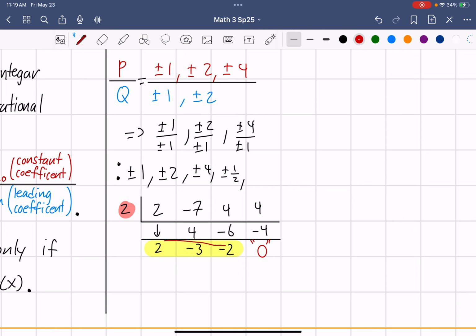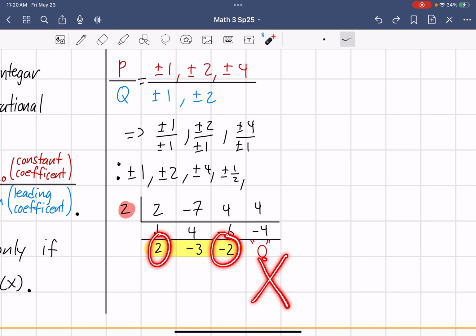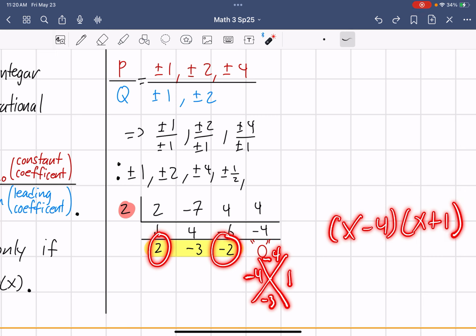time and just factor this like you normally would, which would be a 2 times -2, which would be -4, and then -3 will be here, and then it'll be -4 times 1, which we write our factors x minus 4, x plus 1, and then that leading coefficient is a 2.